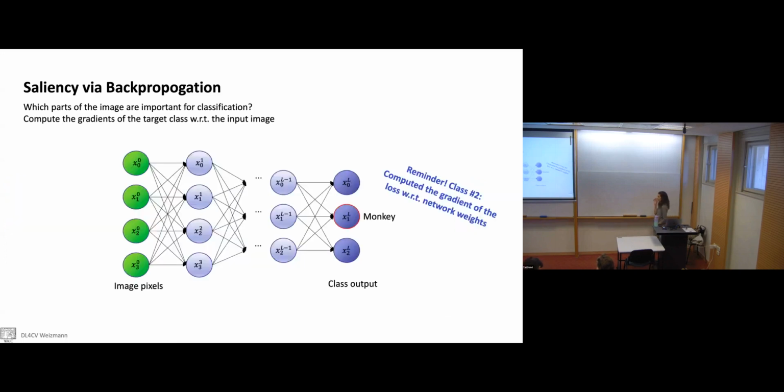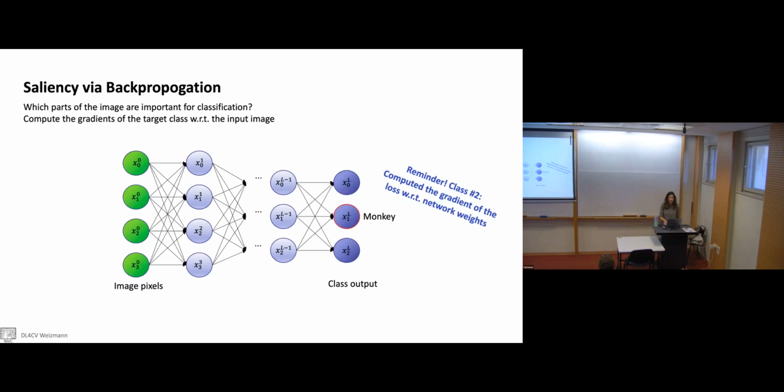And I remind you that in class 2, you learned about backpropagation, right? And this was in the context of training a neural network. So basically, you computed the gradients of a certain output with respect to the neural network weights. But now, if I want to ask these questions on my image pixels, what do I need to do?